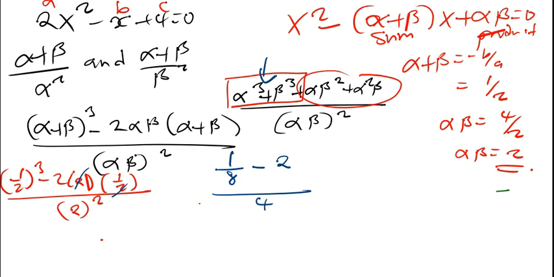Do you know that 1 over 8 minus 2 over 1 is the same as I put times 8 divided by 8, then on top I'll have 16? If you don't understand here, do the normal way, divide it by 1. So it will be 1 minus 16, it will be negative 15 over 8.